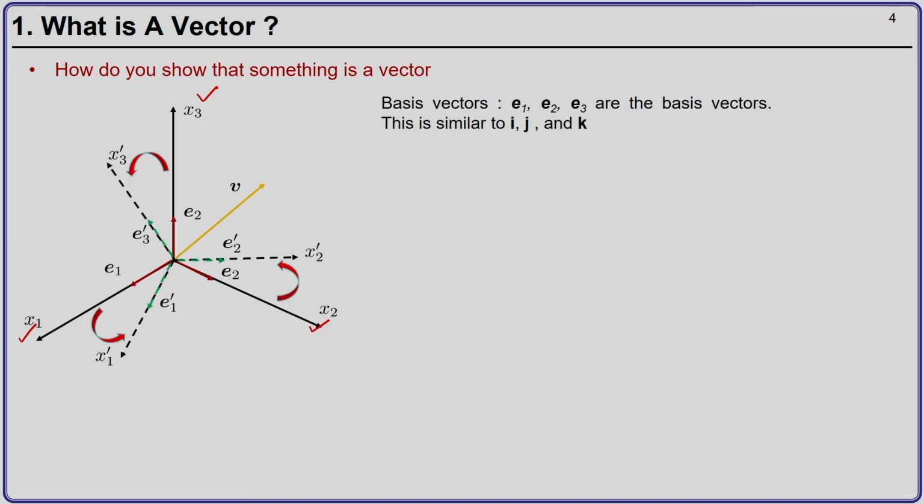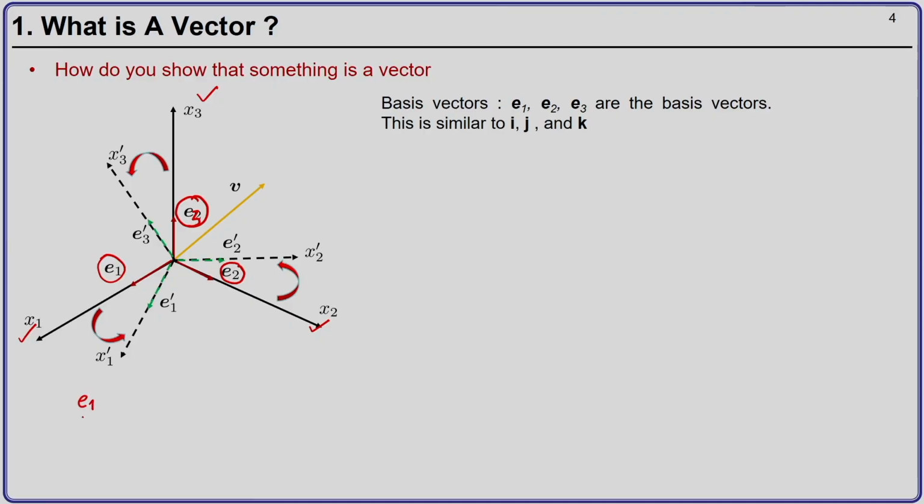And then the unit vectors along the directions x1, x2, x3 are denoted by E1, E2 and E3. So, these vectors E1, E2, E3 are called the basis vectors.